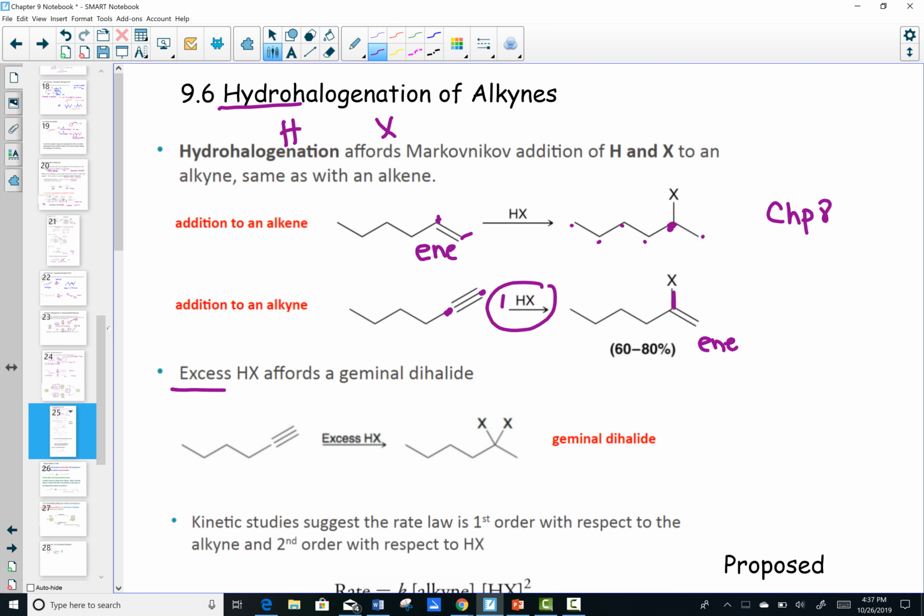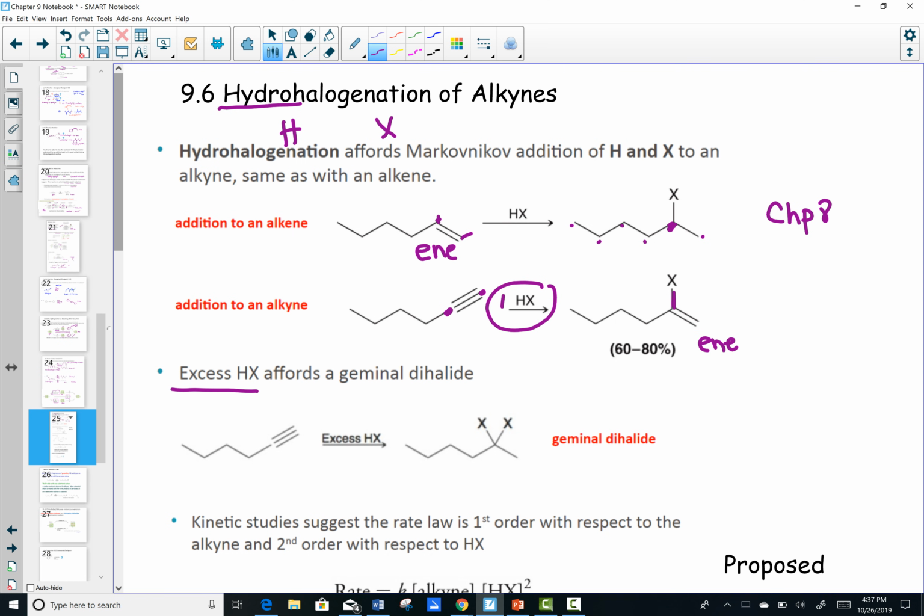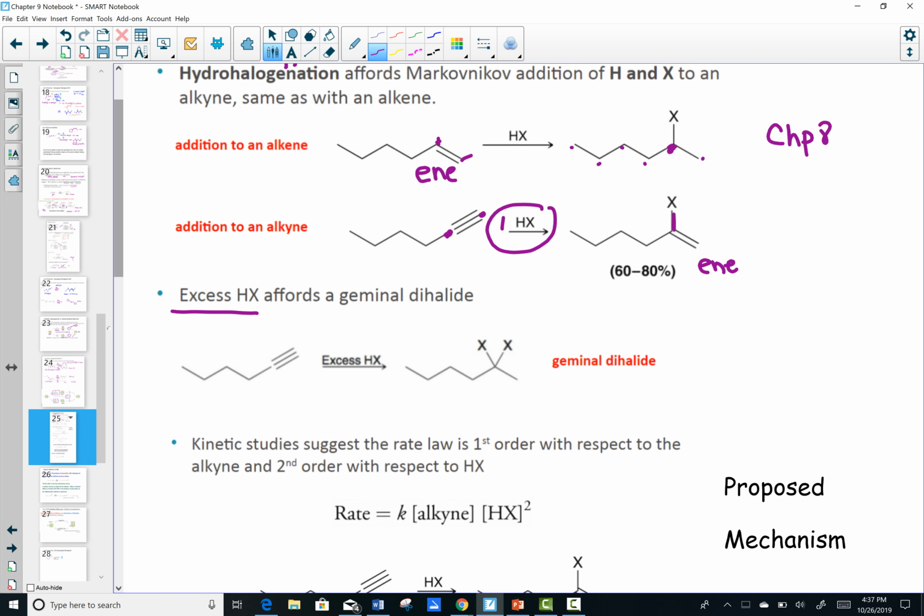If we have excess amounts of the hydrohalogen, excess just simply meaning enough to at least have a second equivalent, perhaps more, notice here then across the double bond, we place both halogens on the most substituted carbon. This was a term we learned last chapter called a geminal dihalide. Geminal means the halogens are on the same carbon.